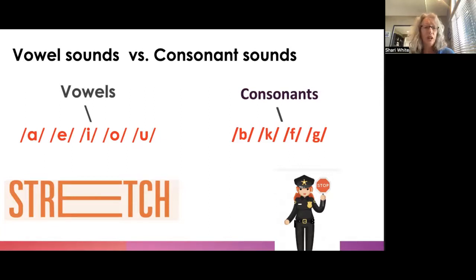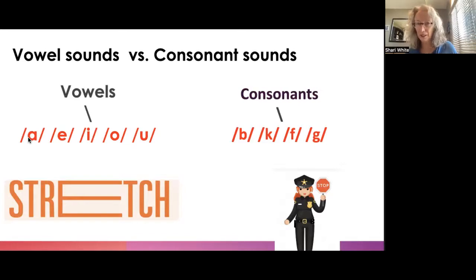Okay, so I want to give you a definition for what is a vowel, and it goes like this. Vowels stretch. Consonants stop. Okay, so if you look at these vowels, this is like in black.